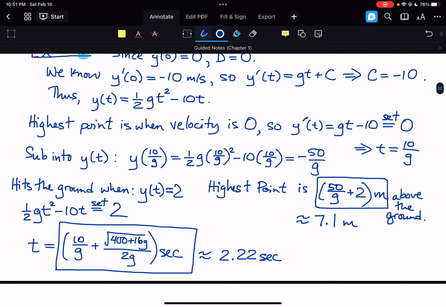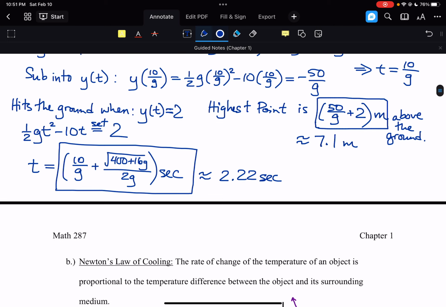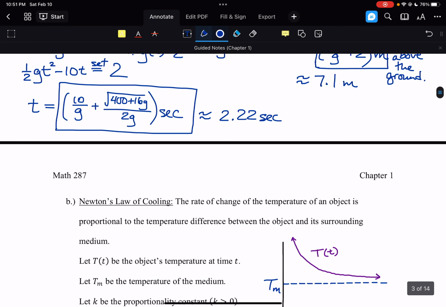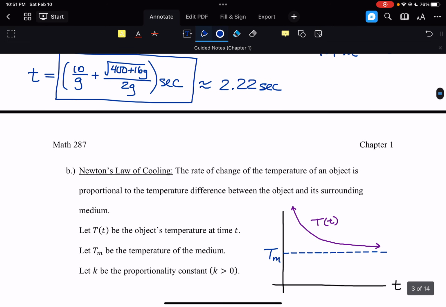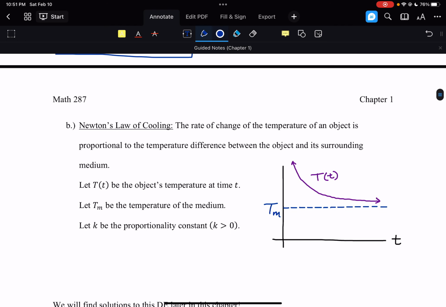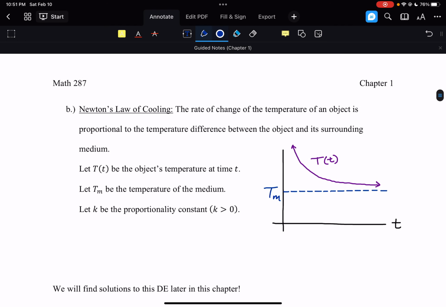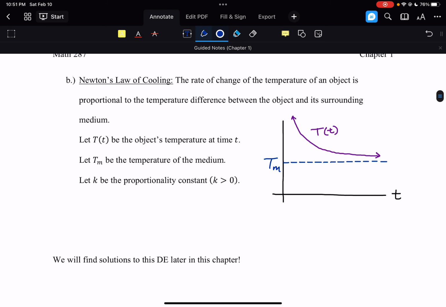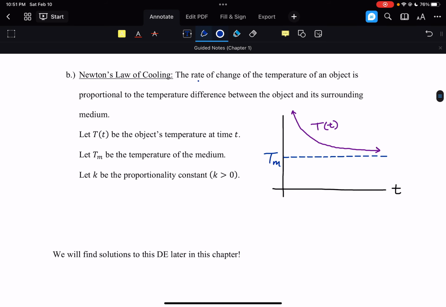All right. Another context that we're going to look at a little more later on in the chapter is Newton's law of cooling. Newton's law of cooling states that the rate of change of the temperature of an object is proportional to the temperature difference between the object and its surrounding medium.